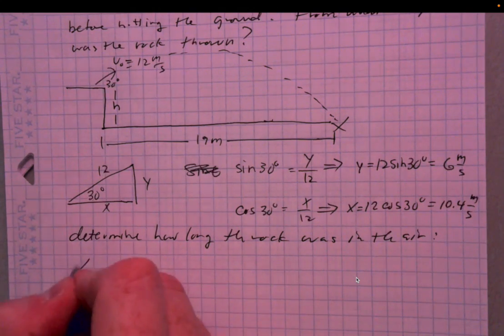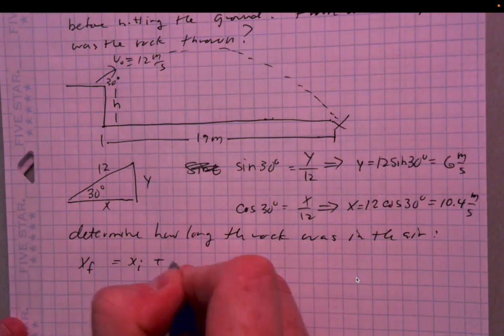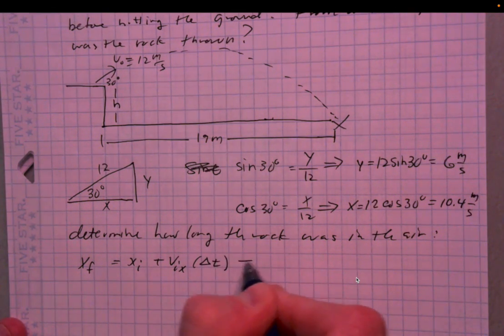Okay, and that's just a simple x final equals x initial plus the initial velocity in the x direction times delta t, right?